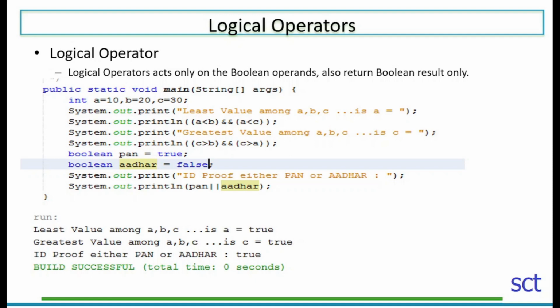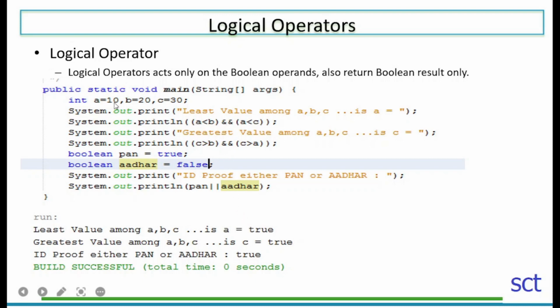System.out.println is going to print the least value. I am checking a is less than b. This gives one Boolean result, and this one also gives a Boolean result. I am combining these two Boolean results with the AND operator, so it is going to give me some result.